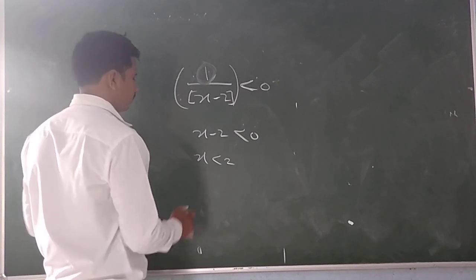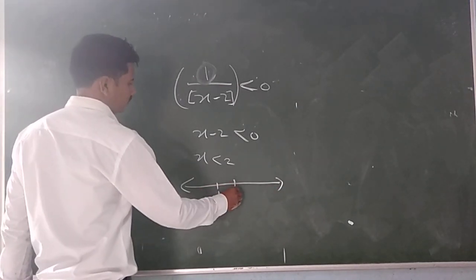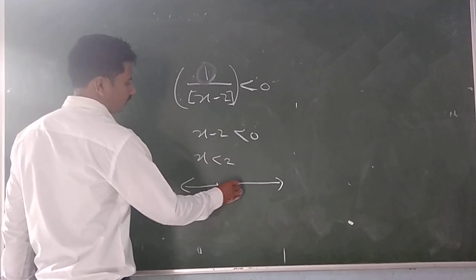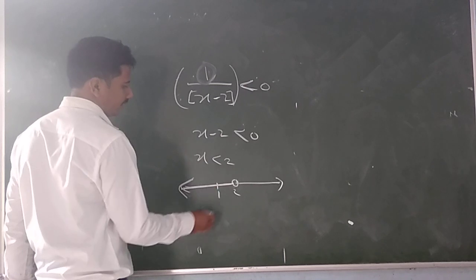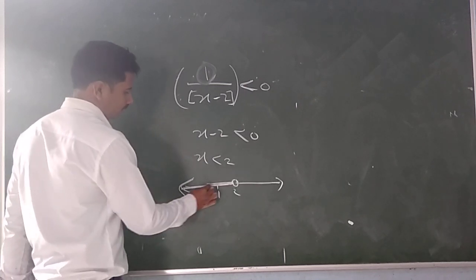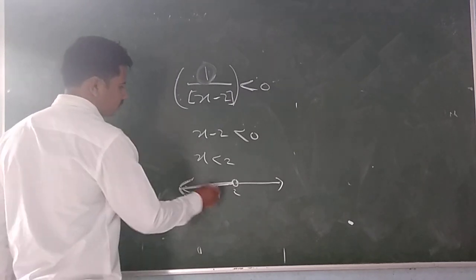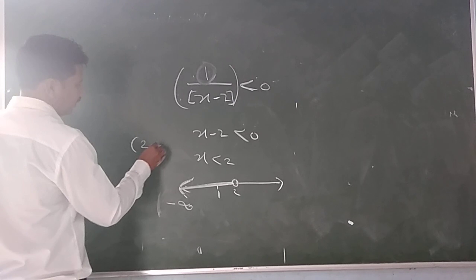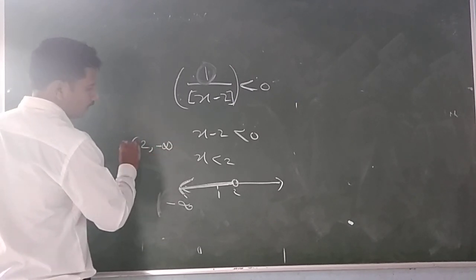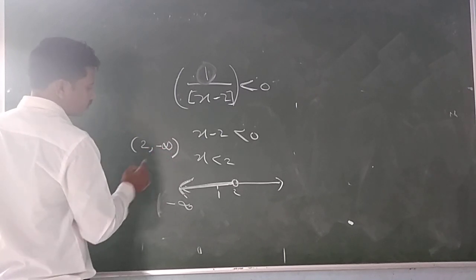Solution on the graph: 2 is not included, so an empty circle. How do we write this? Going till minus infinity. Infinity we are not going to include, so it is also an open bracket.